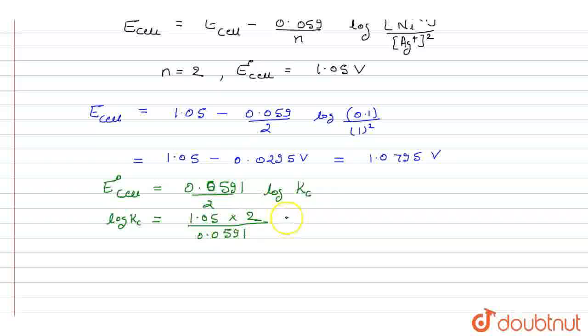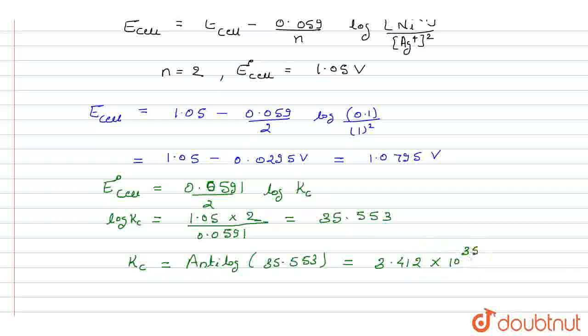After solving, we get 35.553. In the next step we take the antilog of this, so Kc equals antilog of 35.553, which is 3.412 into 10 raised to power 35.